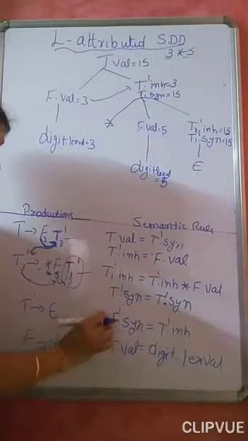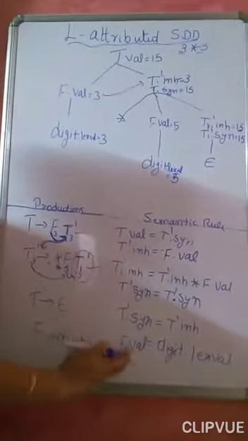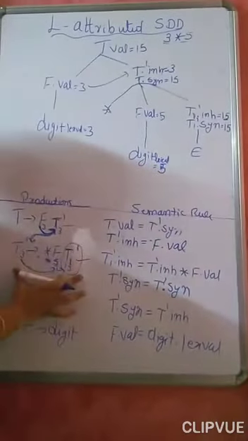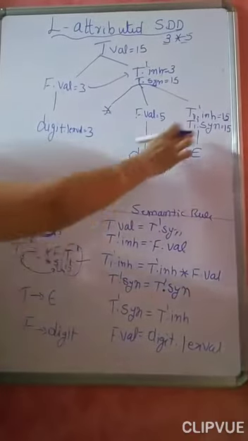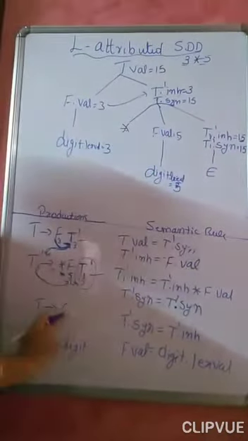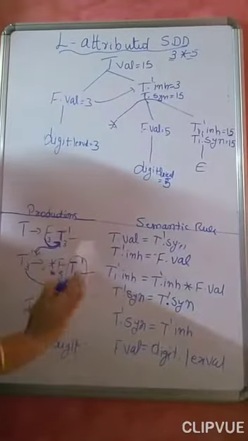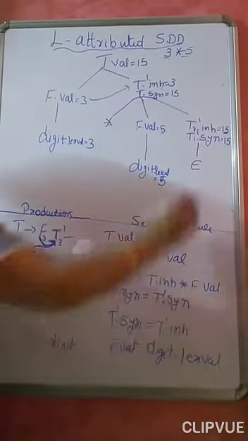So here T dash and T1 dash are both the same. Don't get confused with the subscript. Only in this production, just to differentiate that it is at the head and it is at the bottom, we have written this subscript 1. Wherever else you are considering, it is a single non-terminal T dash only. So that's why it is T dash synthesized equal to T dash inherited.